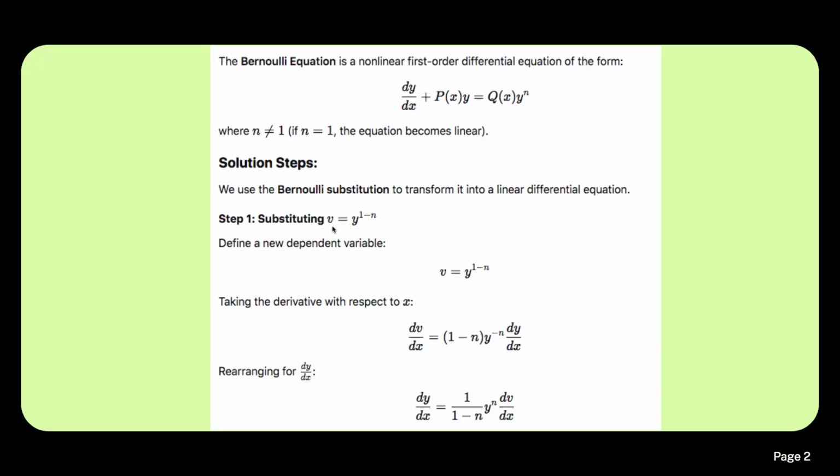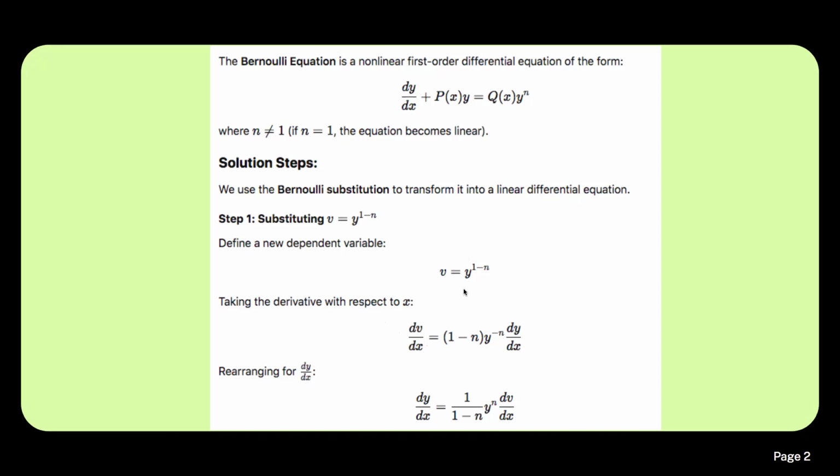We let v equals y to the power of 1 minus n. After defining this new variable, we can differentiate both sides with respect to x.